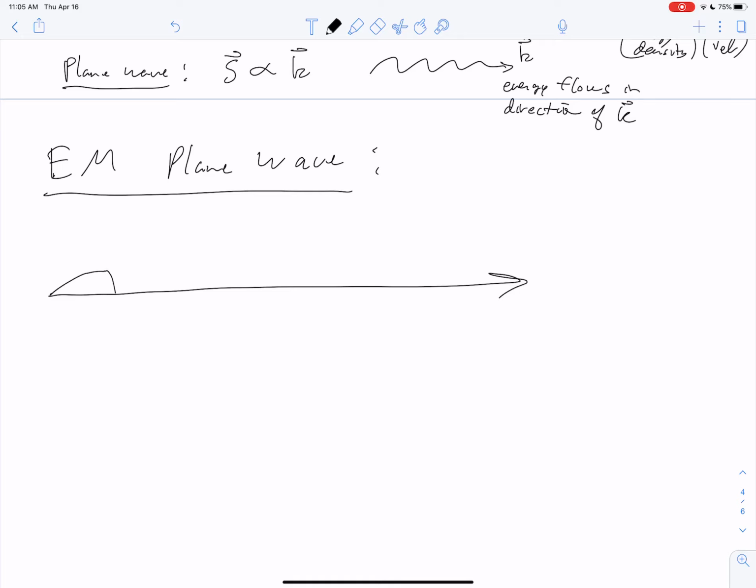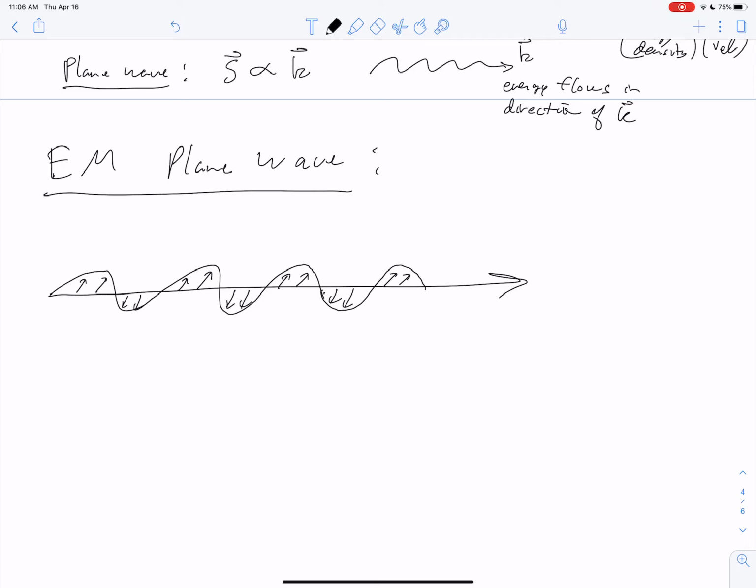Let's see if I can pull this off. There's a special way to draw it, and then this is the E field. That's the E field, and I'm drawing it in a funky way, but you'll see it.